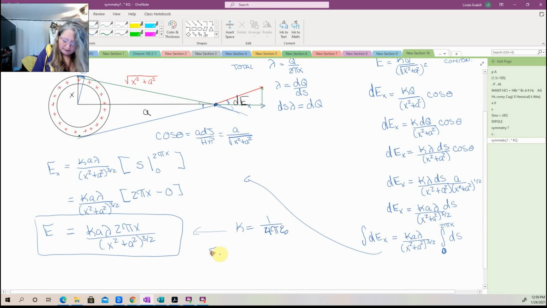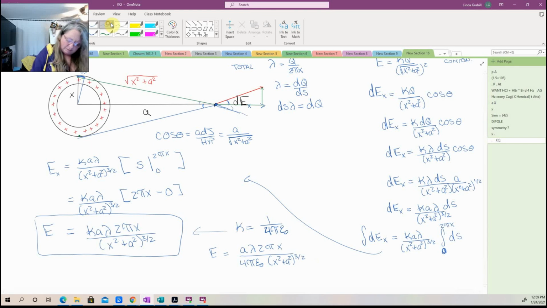So I'll get E equals, whoops, not K, we're substituting in blue. E equals a lambda 2 pi x divided by 4 pi epsilon naught times x squared plus a squared to the 3/2.